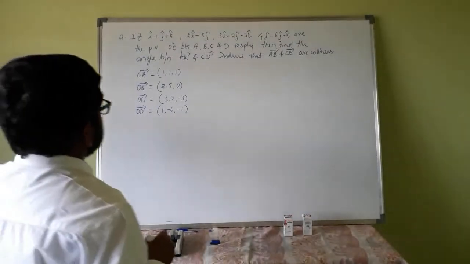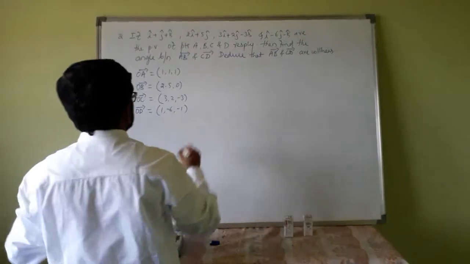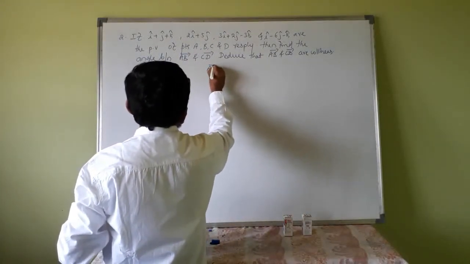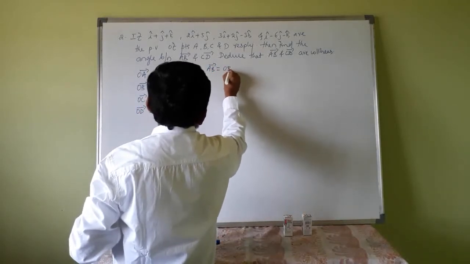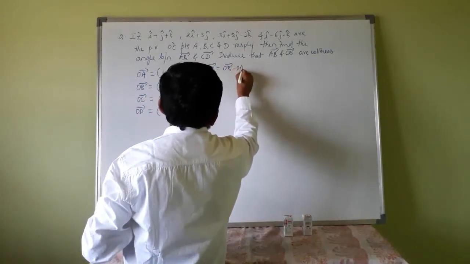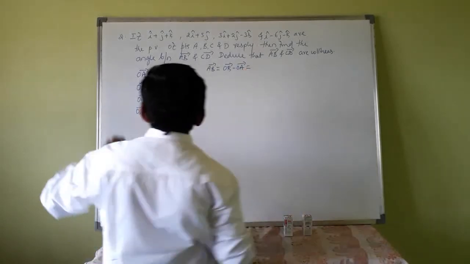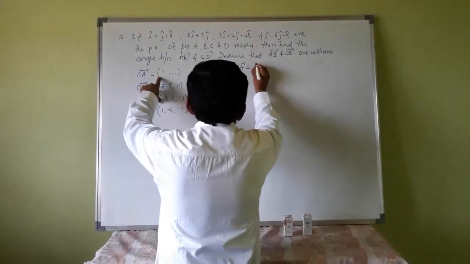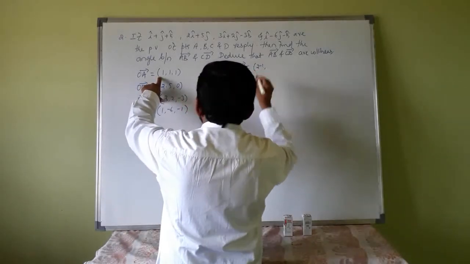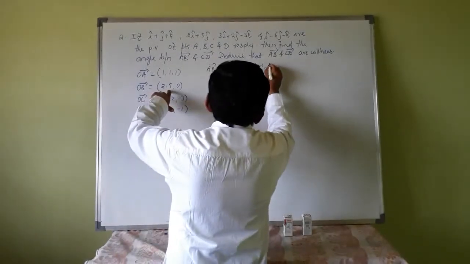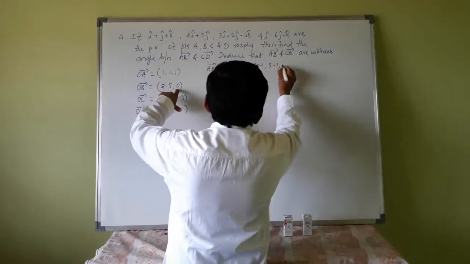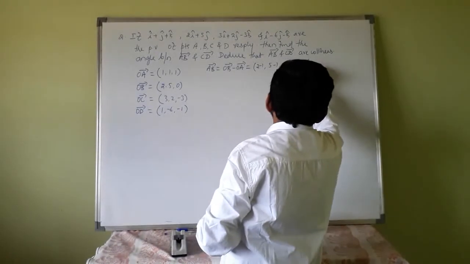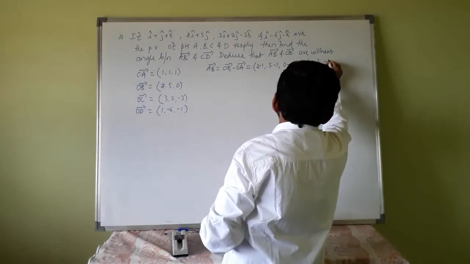Now AB and CD. AB is equal to OB minus OA, that is 2 minus 1, 5 minus 1, 0 minus 1, that is 1, 4, minus 1.